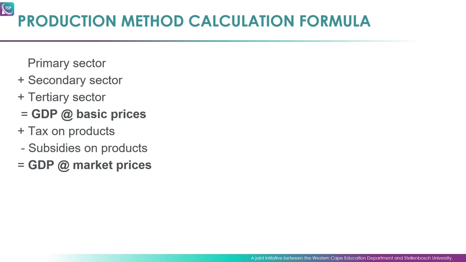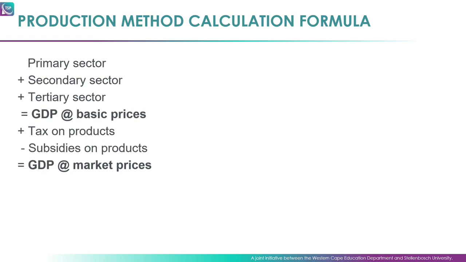The first one is your production method, and you need to learn this formula. You actually have to be able to close your eyes and write it out without having to look. When we're dealing with the production method, we're dealing with the three sectors of the economy, which are primary, secondary, and tertiary. This is also known as the value added method.